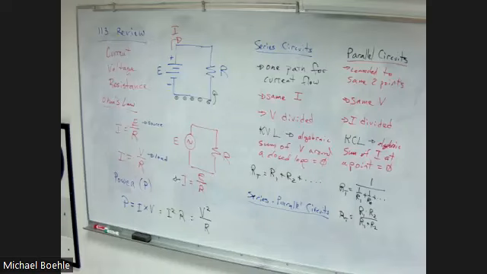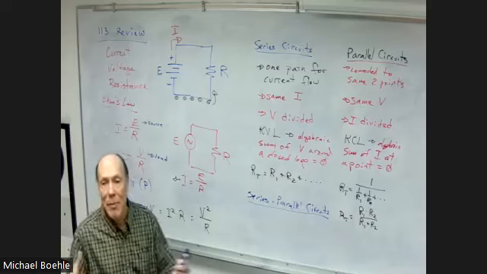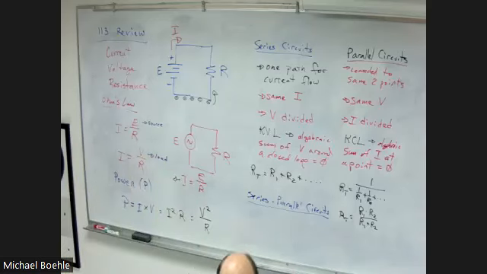So that's all we did with series parallel circuits. We just kept combining things until we had one resistance. Well, we can still do that when it's resistors, capacitors, and inductors, except, and this is what I haven't quite said yet, when you combine resistance and reactance, what do you get? That becomes a third term, which we call impedance.